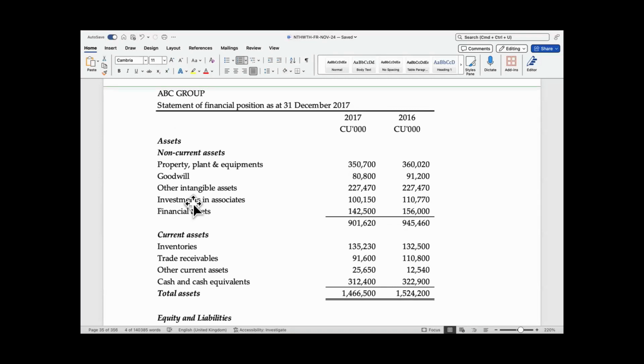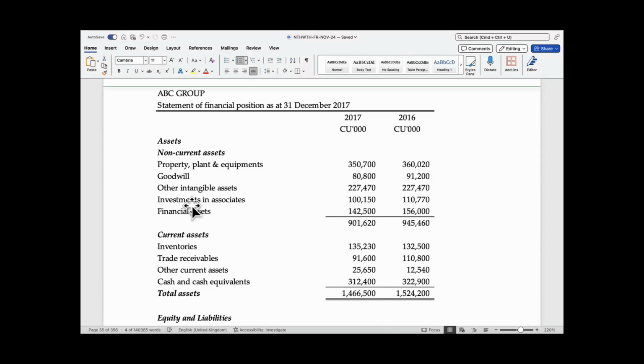But know that when it comes to the statement of financial position, generally we use the current, non-current classification for assets and liabilities. But there's a classification called order of liquidity, which is popular for the financial services industry or for entities that do not have a defined operating cycle.